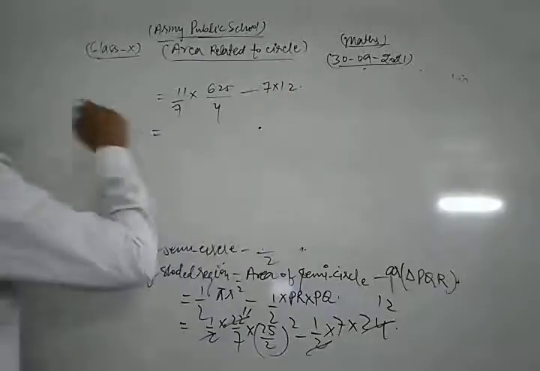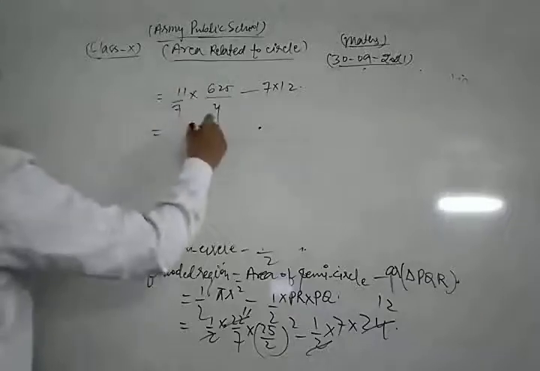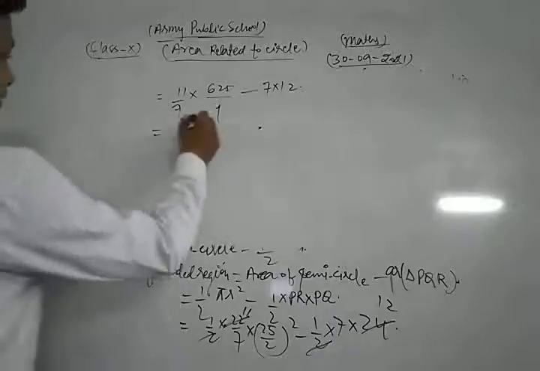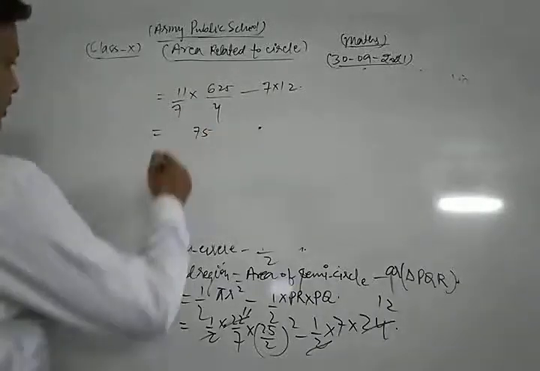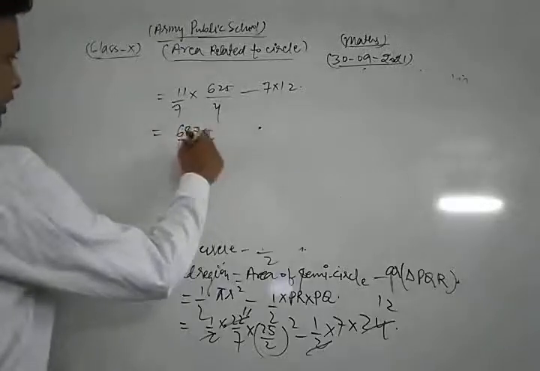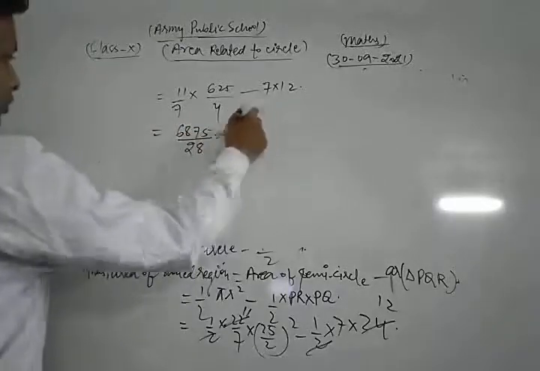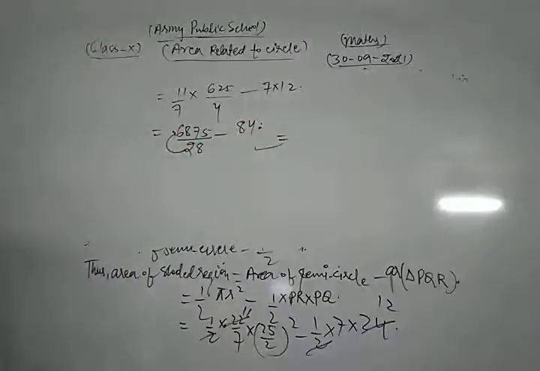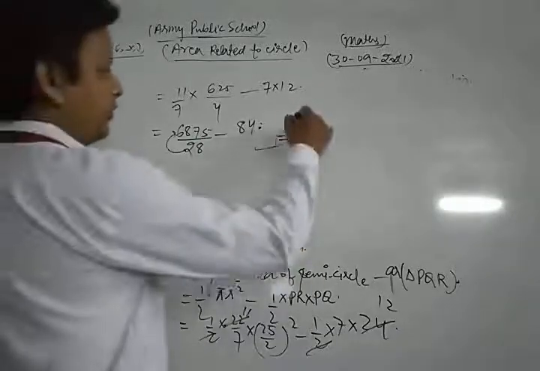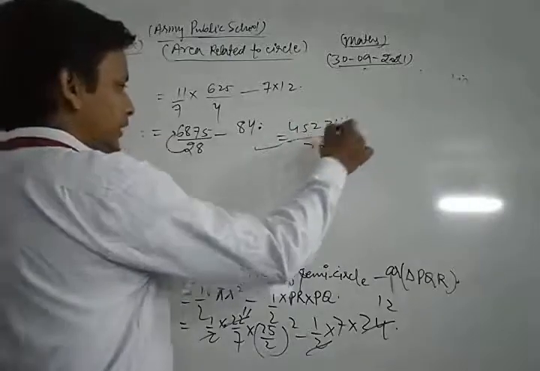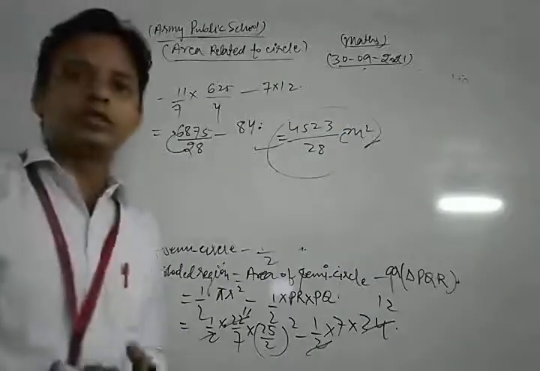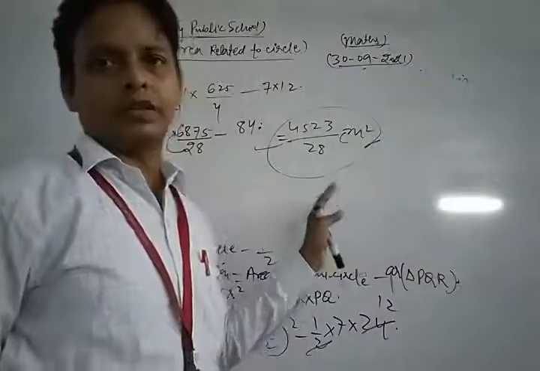So we get 11 into 625 by 28 minus 84. Now after dividing, we subtract 84. So we get the result as 4523 divided by 28 centimeter square. So this is the result for that question.